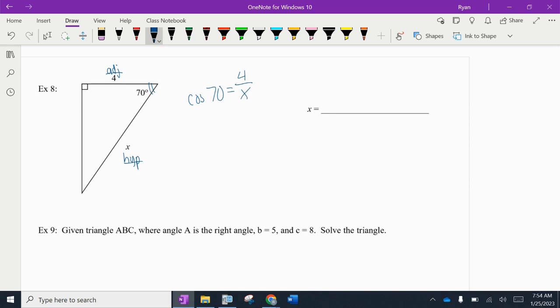From that 70-degree angle, I see that 4 is the adjacent. I see x is the hypotenuse.